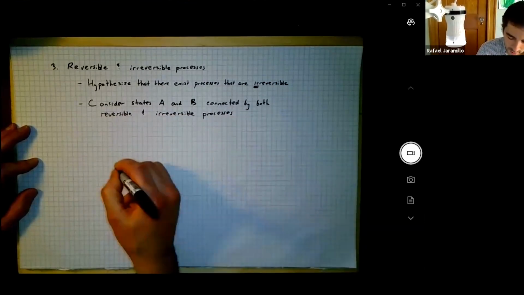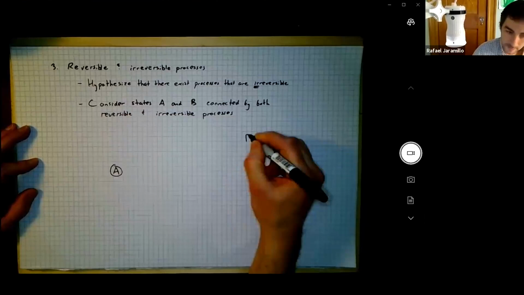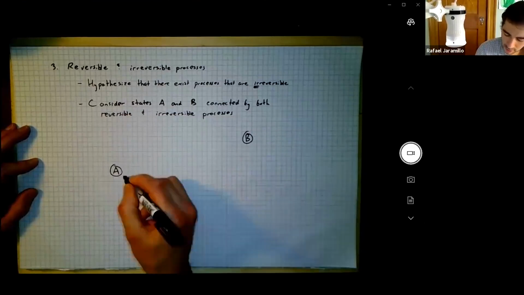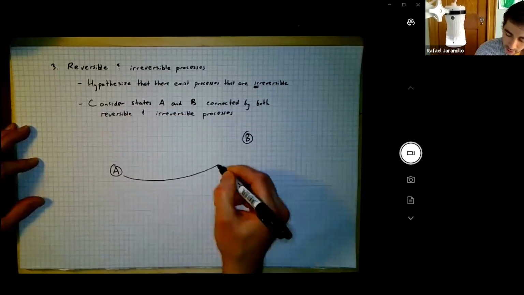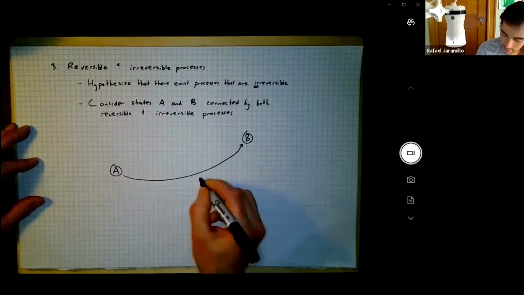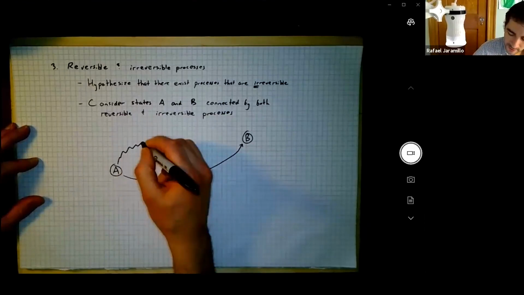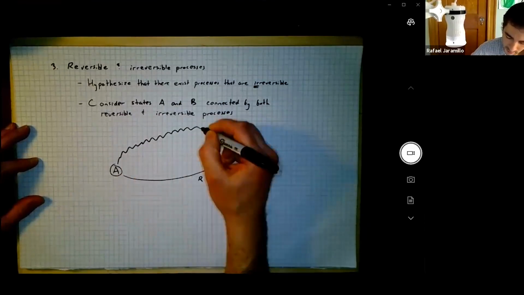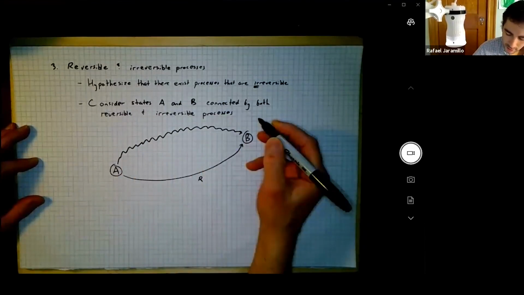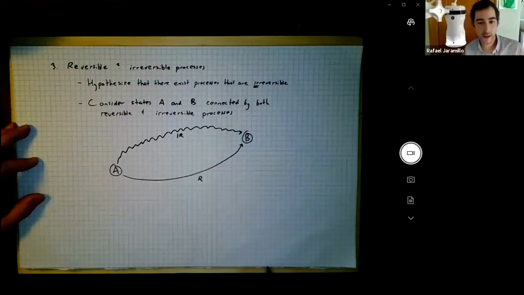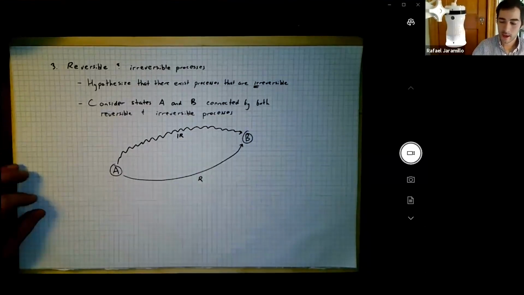So here's state A, here's state B, and here I'll draw a nice smooth line. Let's say this is a very slow process. Call that reversible. And I'm going to draw a wiggly line. This is a very fast process. You're not very careful, you carry it out in a rush. I'll call that irreversible. So we have two states connected by a reversible process and an irreversible process.